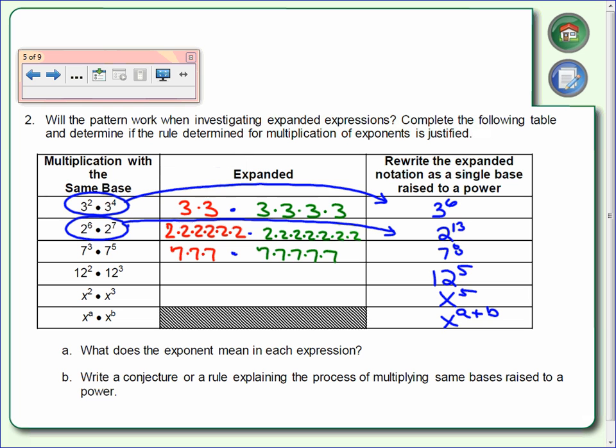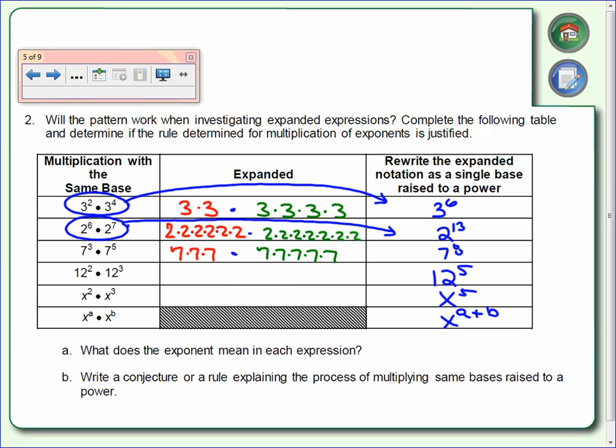What we just found is our next rule here, guys. What does the exponent mean in each of these expressions? Remember, it's the same thing that we said earlier. That's how many times we're multiplying.